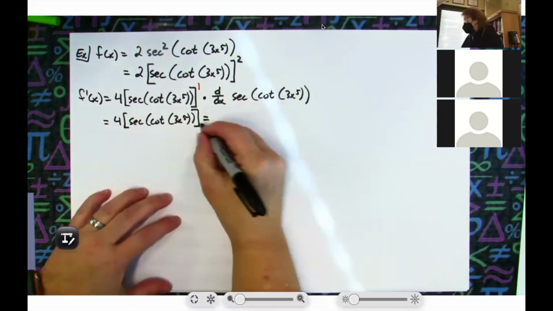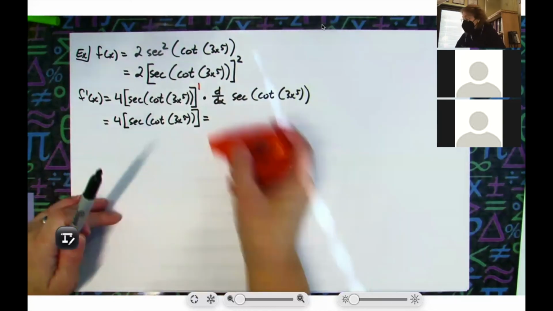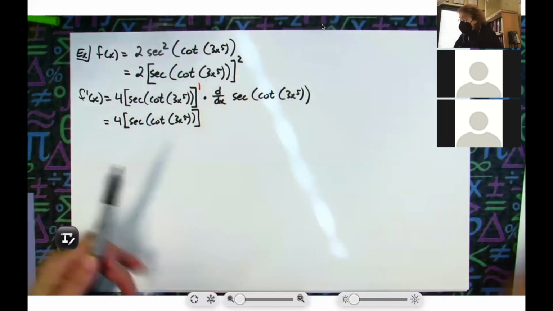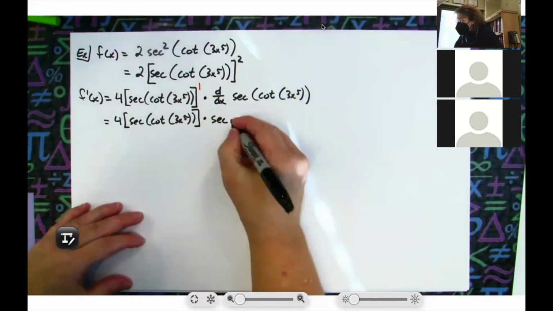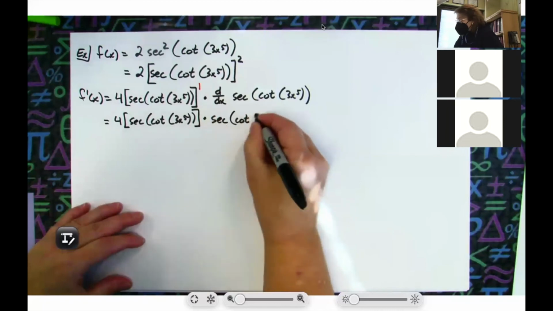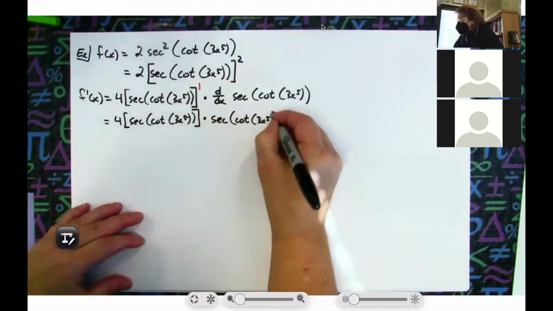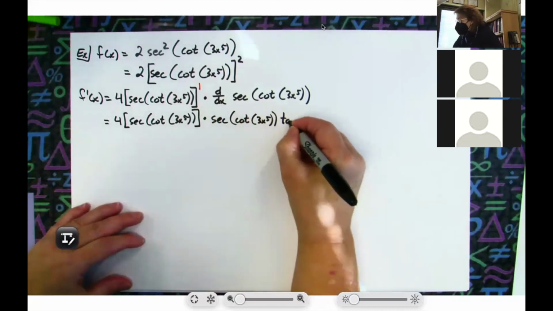Oh, why did I put an equal sign in there? Let's make that a dot. Okay. So secant, leave the inside alone. Tangent, leave the inside alone.